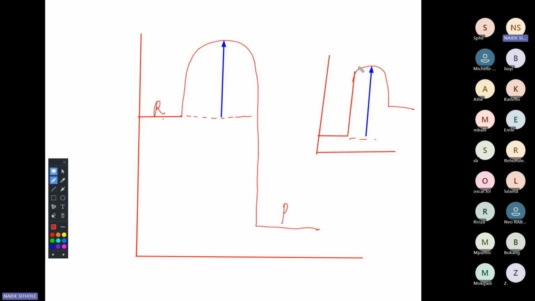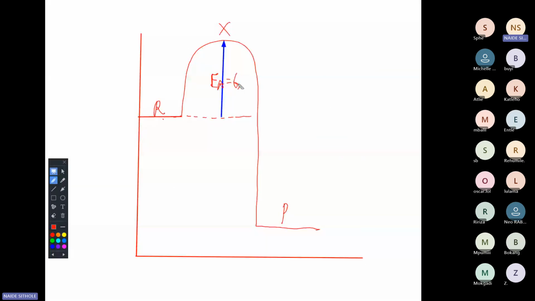The endothermic has a higher activation energy because it starts all the way from below on the reactants and goes up until the activated complex. But the exothermic has a lower activation energy because it starts from up here to the activated complex. So know how to indicate your activation energy. This is EA for activation energy, and then it's what?